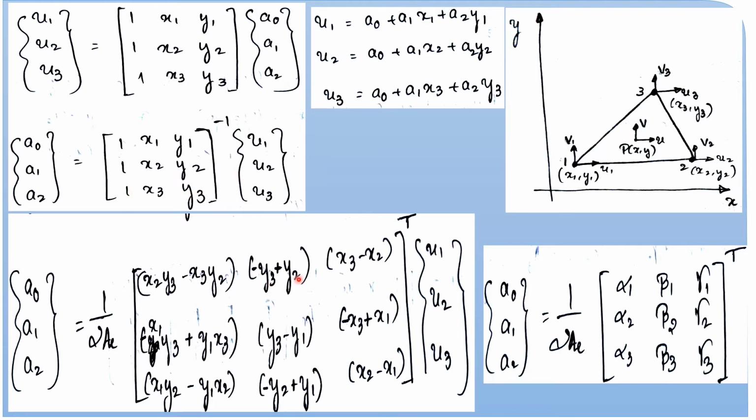Now as per the matrix, the signs are plus minus plus, minus plus minus, plus minus plus, so minus is there. If you take minus inside, you'll get minus y3 plus y2.